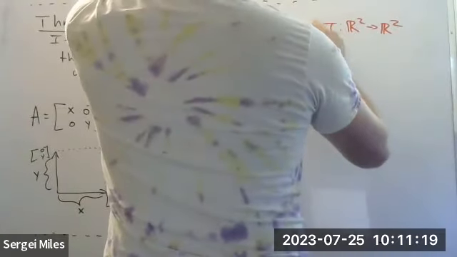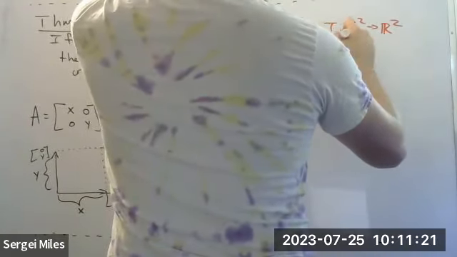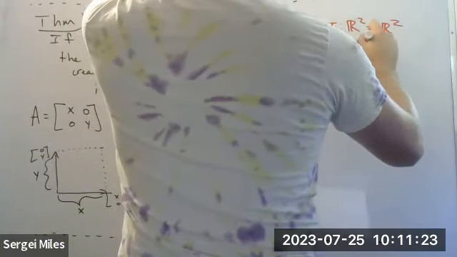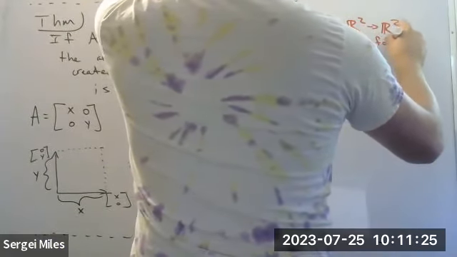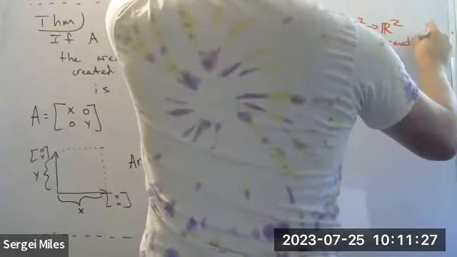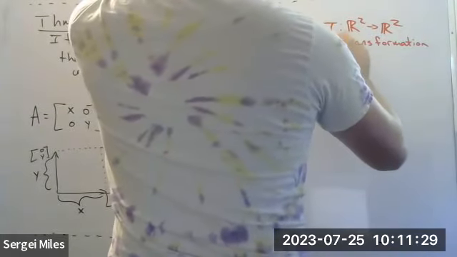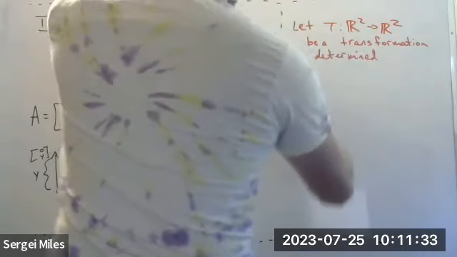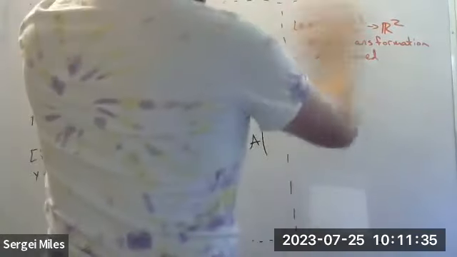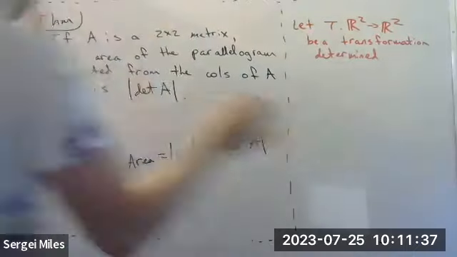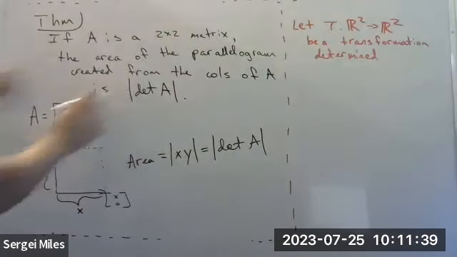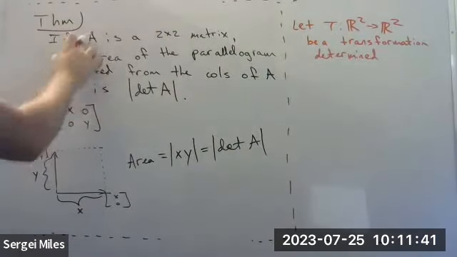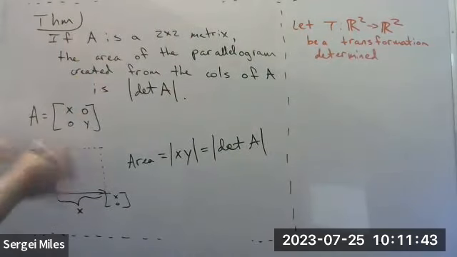Let T be a transformation determined by a matrix A. So let me put a box here because we're talking about a different example. This is not this example, right? I came up with this matrix A. This is talking about this parallelogram.